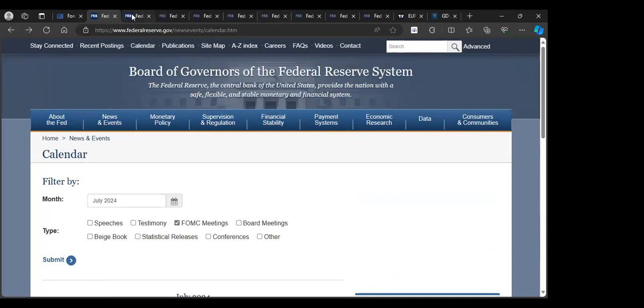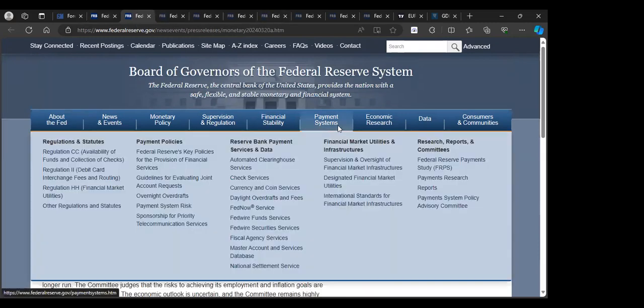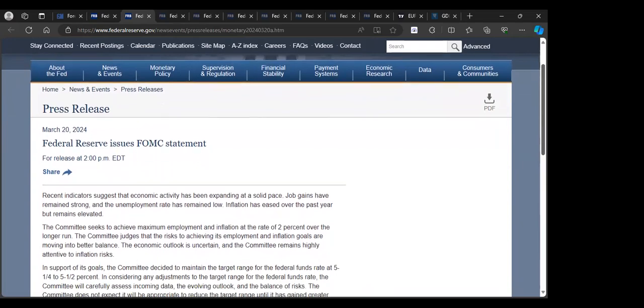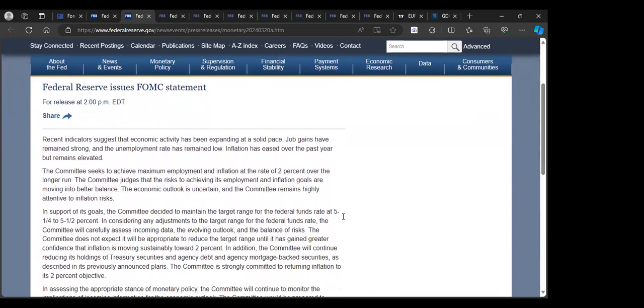All right. So this is the statement that came out from the Fed earlier today. So when Jerome Powell was reading the statement, this is typically what gets read. And if this doesn't get read, sorry, there is some other document that is very, very similar to this that is read.